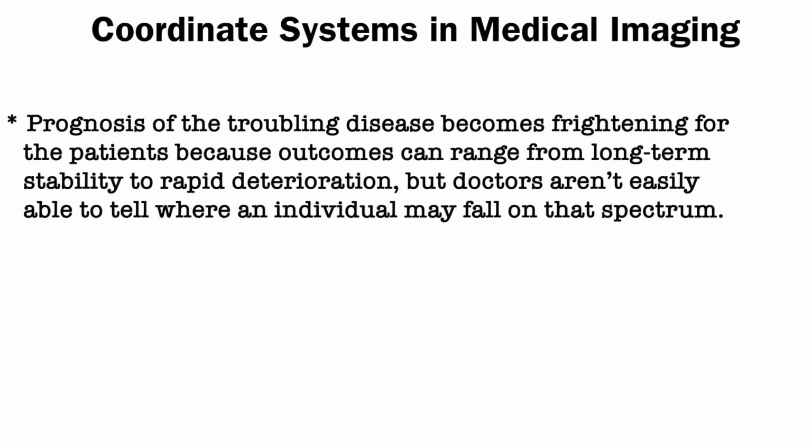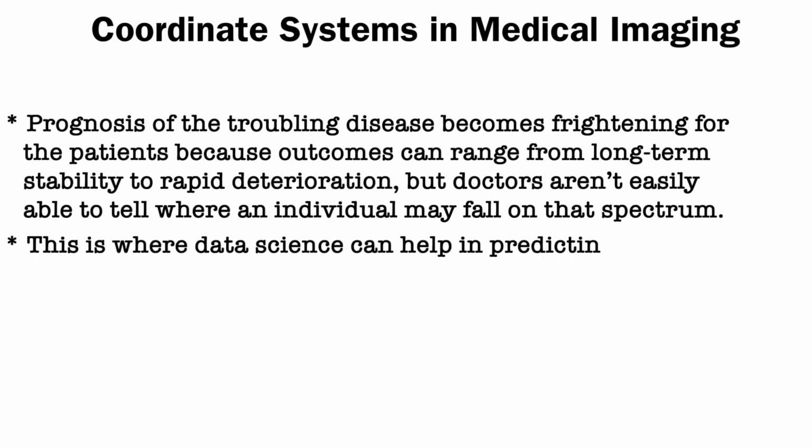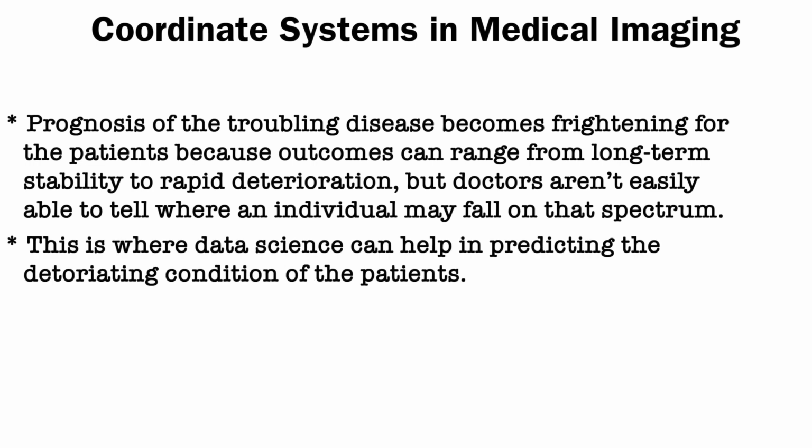The prognosis of this troubling disease becomes threatening for patients because the outcome can range from long-term stability to rapid deterioration, but doctors aren't easily able to tell where an individual may fall on that spectrum. This is where data science can help in predicting the deteriorating condition of the patient.